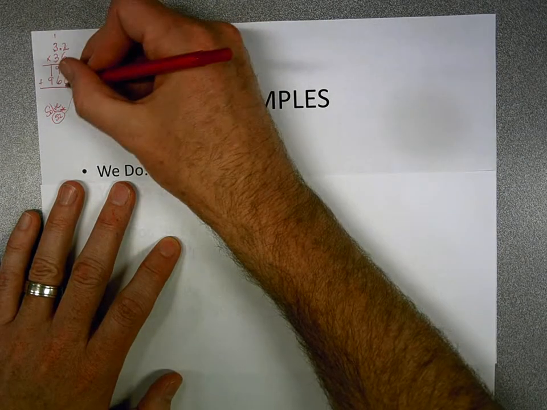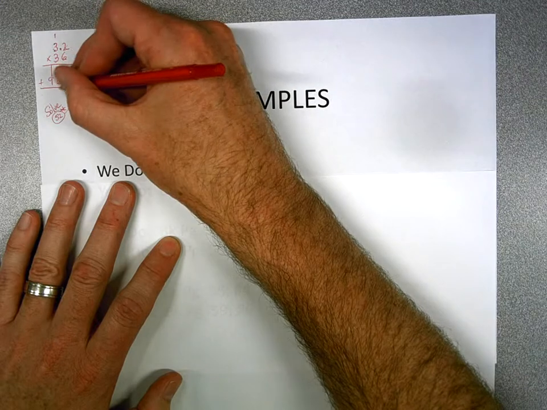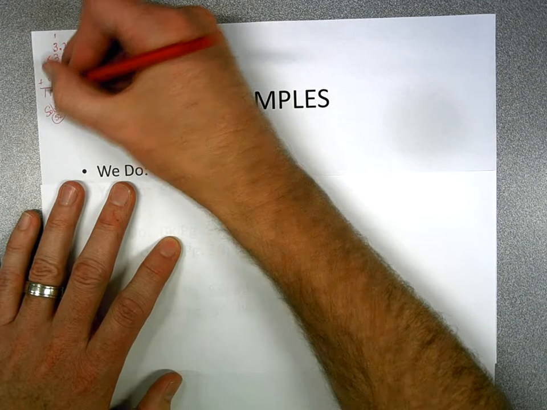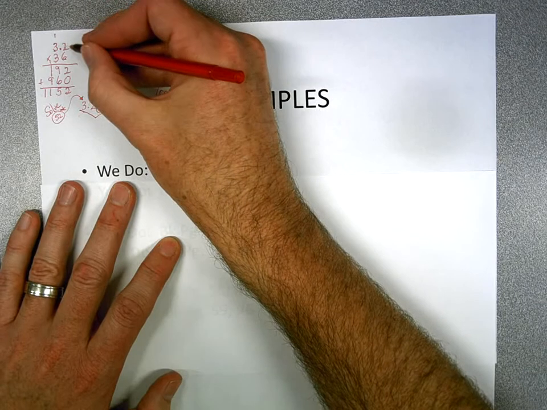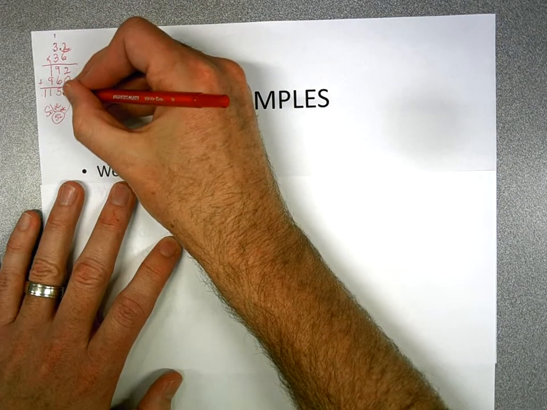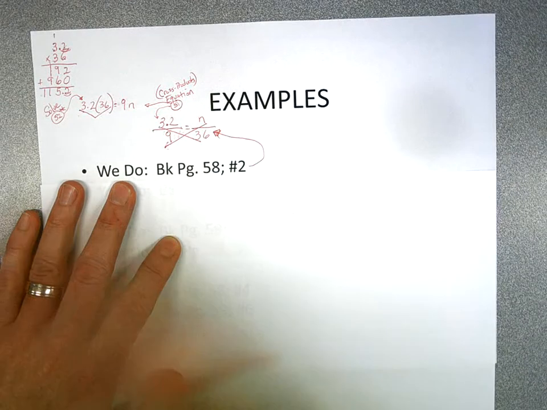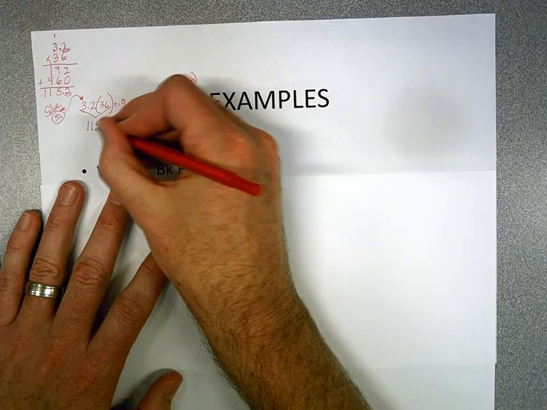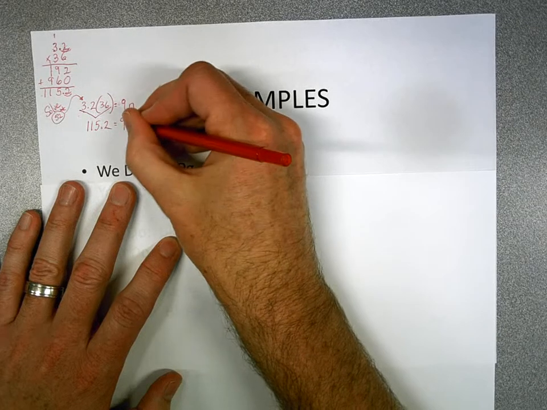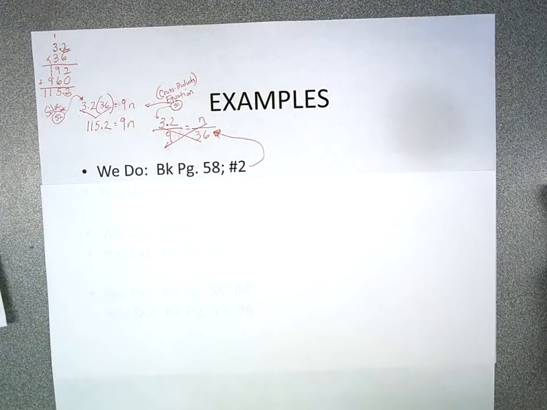We have 2 plus 0 is 2, 9 plus 6 is 15, carry the 1, 9, 10, 11. Now don't forget, we have a decimal here. There's 1 digit to the right of the decimal, so in my answer, 1 digit to the right of the decimal. So what we have is 115 2/10 is the product of that. A little harder than the problem we just did a little while ago in our vocabulary.